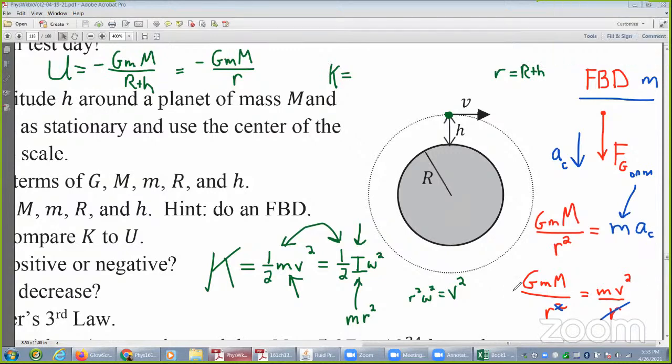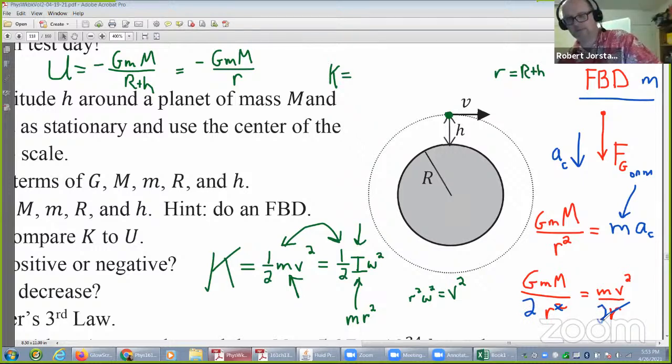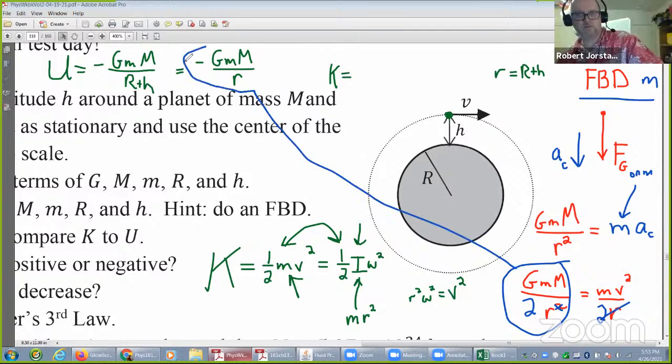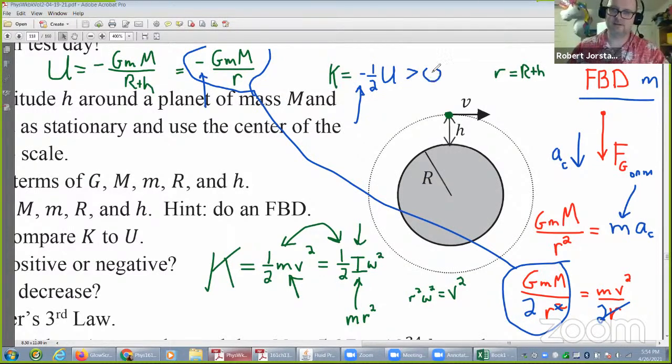Divide it by 2. Yeah, just divide both sides by 2 and look at this equation. Compare it to that equation. The kinetic energy is minus 1/2 of the potential energy. Notice this minus of that minus makes it positive. I know that seems crazy, but again, look at it. It's the negative of a negative number, and it's half as big.